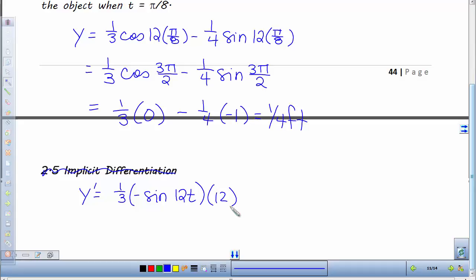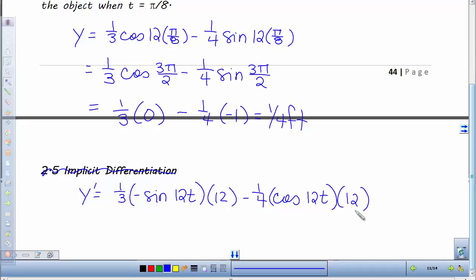So we took the derivative of our first term. Now minus 1/4 is a constant multiple. The derivative of sine is cosine of 12t, and then the derivative of 12t again is 12.